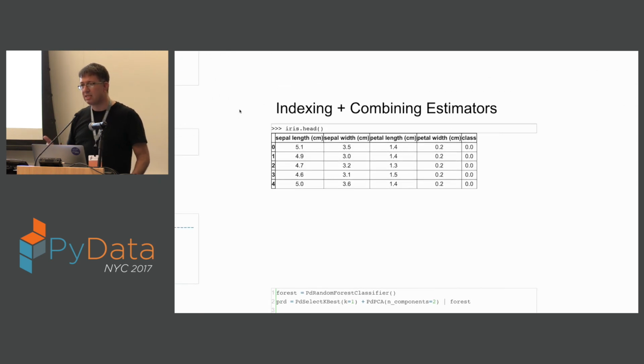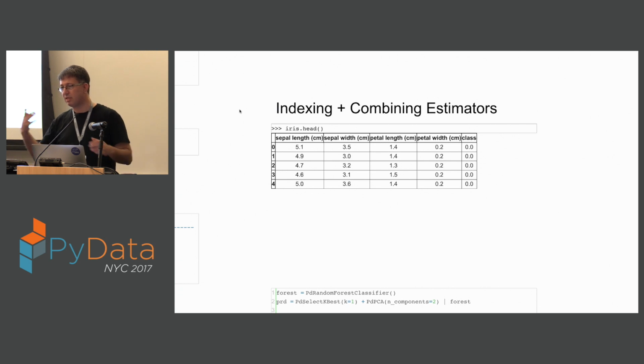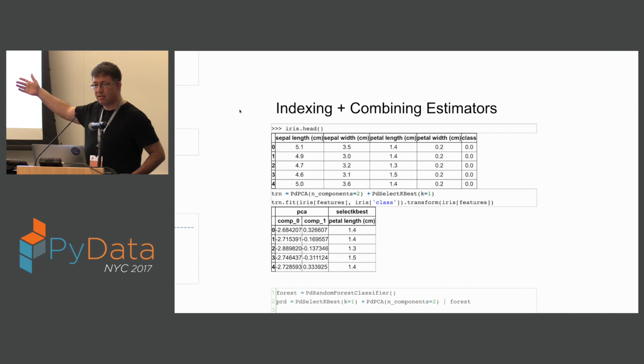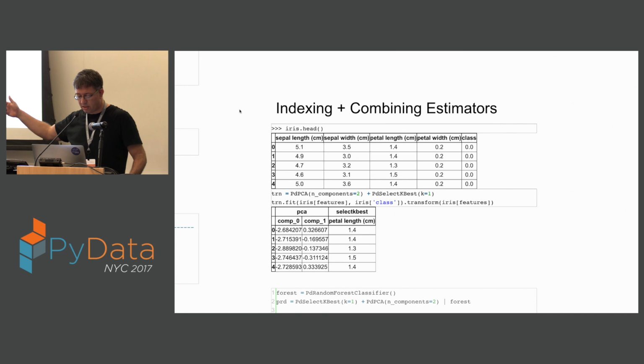And in conjunction, these things work even better together if we use the metadata together with combining many different steps. So for example, if we take again the iris data set in the data frame form, and now we perform PCA plus select k best, and then we do transform on it, it'll tell us that the result is PCA, which has component 0 and component 1, and select k best, which in this case chose petal length in centimeters.